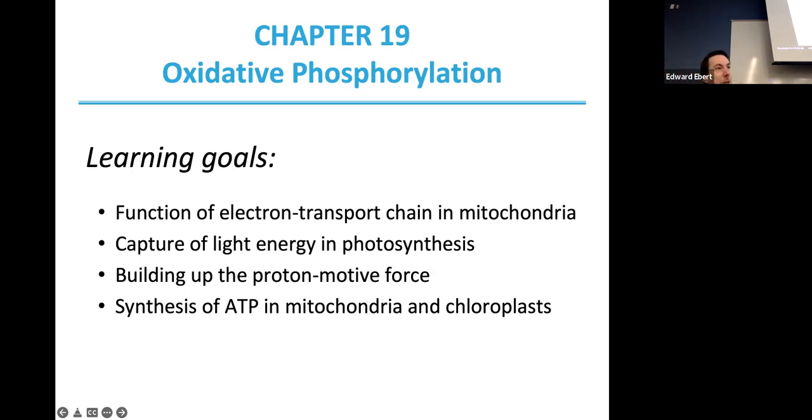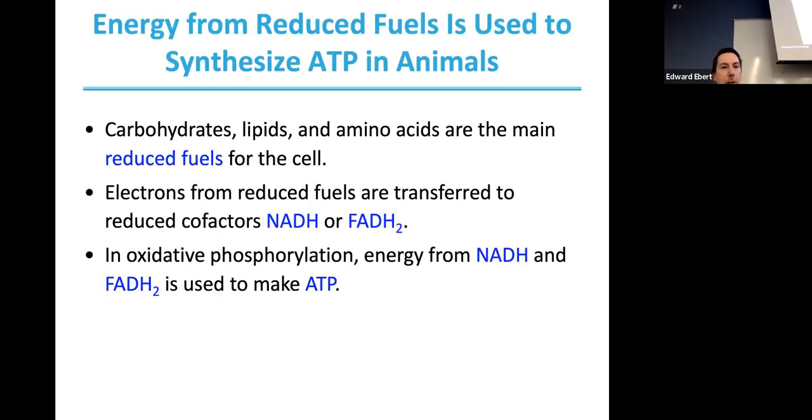Our last complex lets the protons back in, kind of like water over a dam, which drives the machinery that makes ATP. So we use our energy from reduced fuels to synthesize ATP in animals. And we do this in mitochondria. Mitochondria are the powerhouse or the batteries of the cell for pretty much all organisms, at least all eukaryotes.